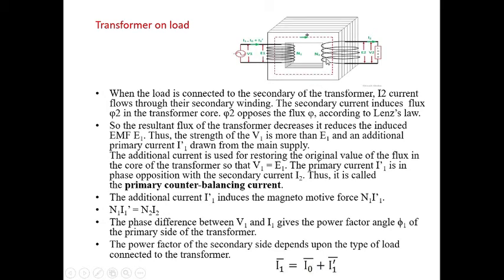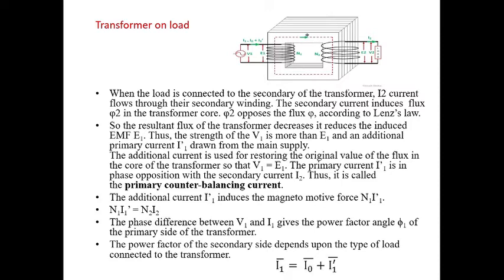So the resultant flux of the transformer decreases, and it reduces the induced EMF E1. Thus V1 is more than E1 and an additional current I1 dash is drawn from the main supply. The additional current is used for restoring the original value of the flux in the core of the transformer, so that V1 is equal to E1.